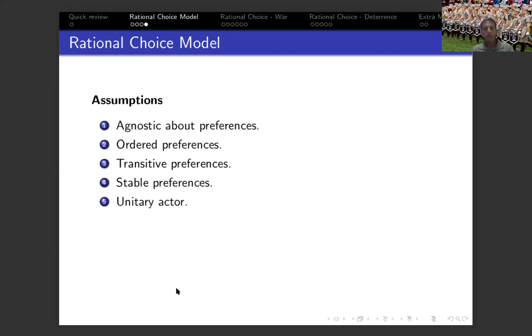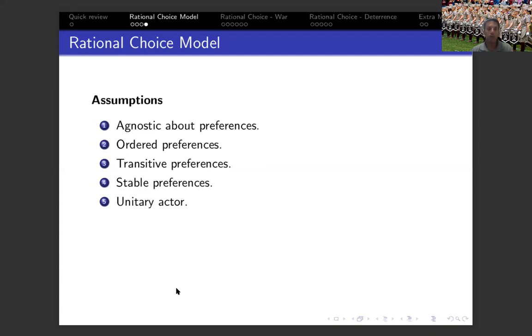Ordered preferences means that there is some kind of ranking system among those preferences. So if we take three, for example, A, B, and C, the actor will try to accomplish the most preferred outcome. Let's call it A in this case. But, reminding you again of the updating aspect that I talked about a few minutes ago, if a rational actor views that it's incapable of achieving preference A, it is a rational choice to go to the suboptimal choice.